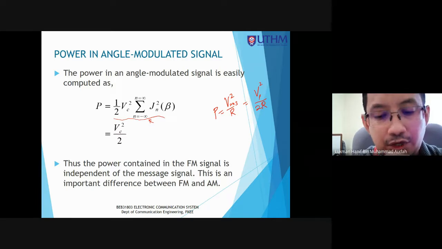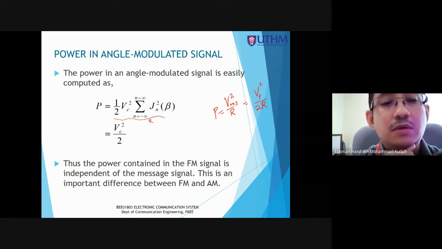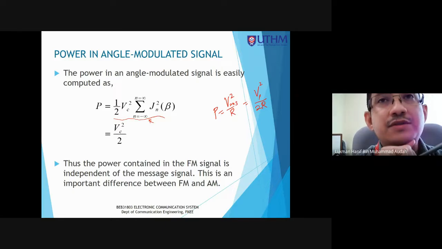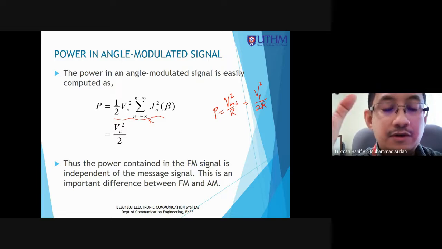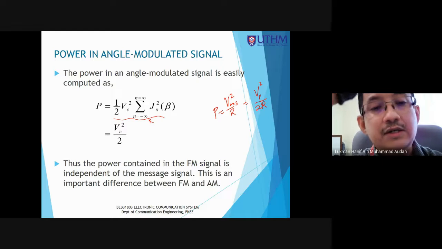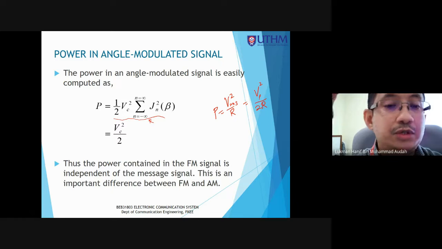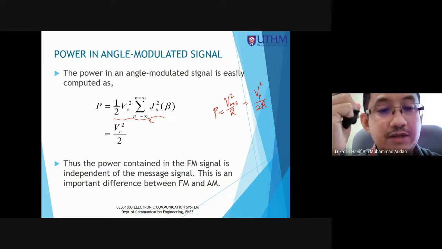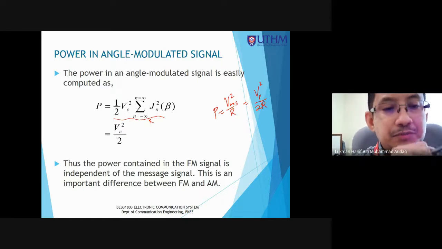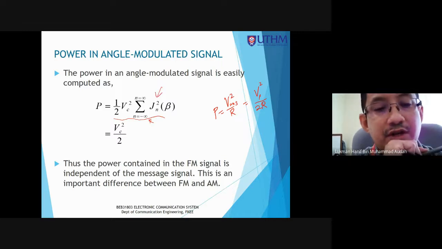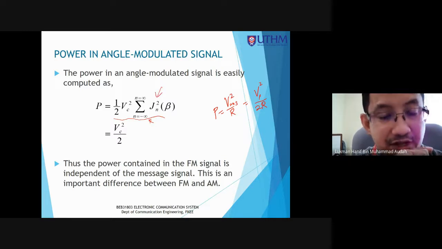If you read in many literature books, when they define the power calculations, you don't see any variable of R, because they assume that the R is equal to unity, which is equal to 1. Actually there is R, resistance, of course. So this J is the relative amplitudes defined by the Bessel function.